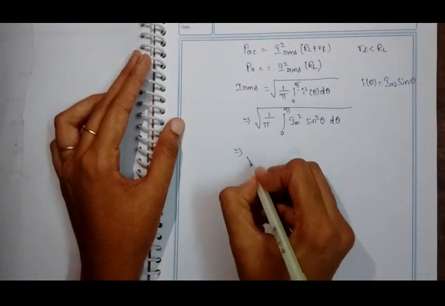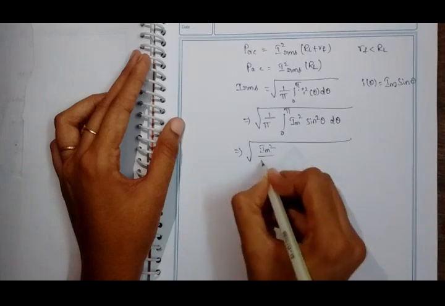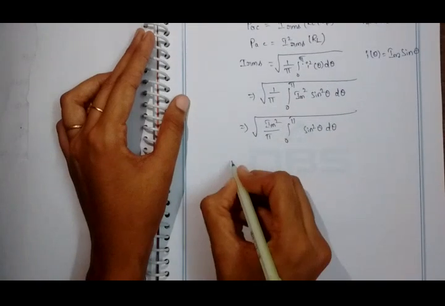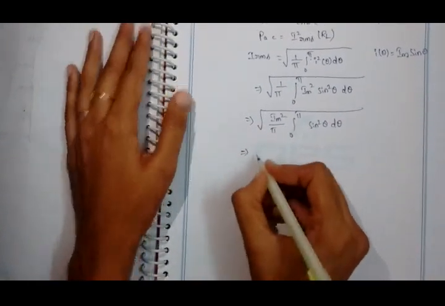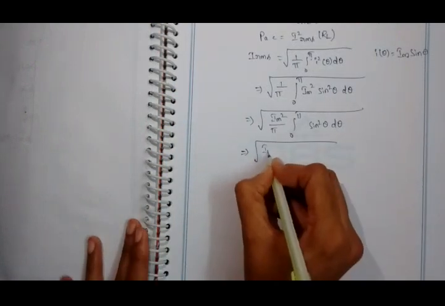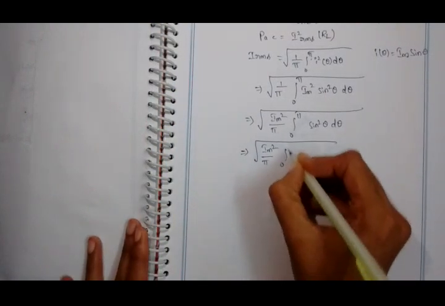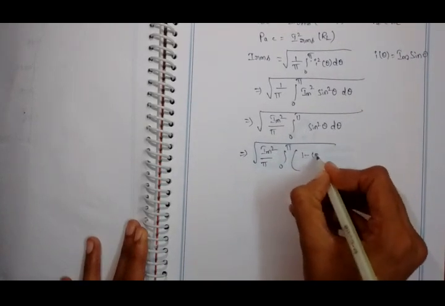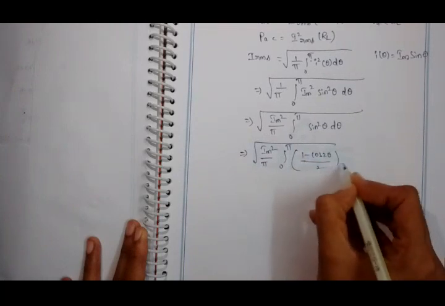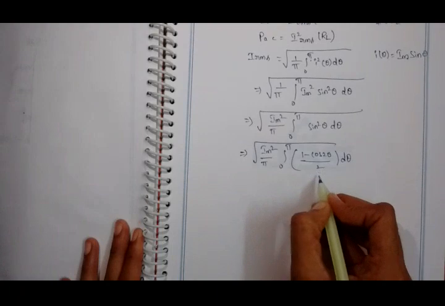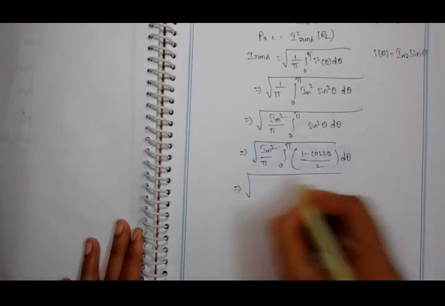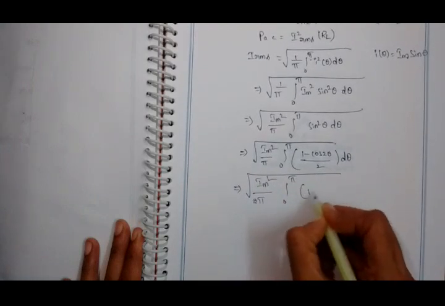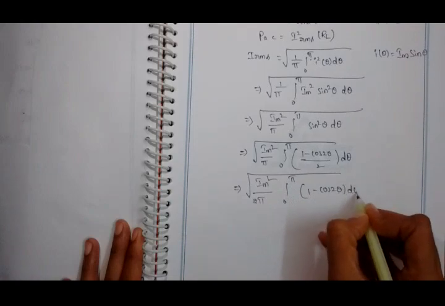Im square is constant, so I am writing before the integral Im square by pi integral 0 to pi sin square theta d theta. From trigonometry we can write sin square theta as 1 minus cos 2 theta by 2. Taking the half before the integral, it becomes Im square by 2 pi integral 0 to pi 1 minus cos 2 theta d theta.